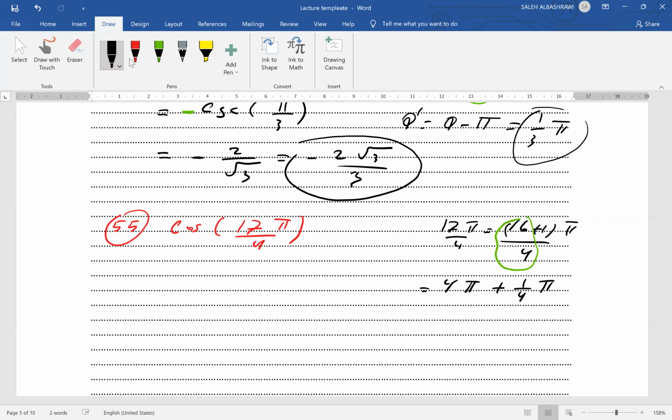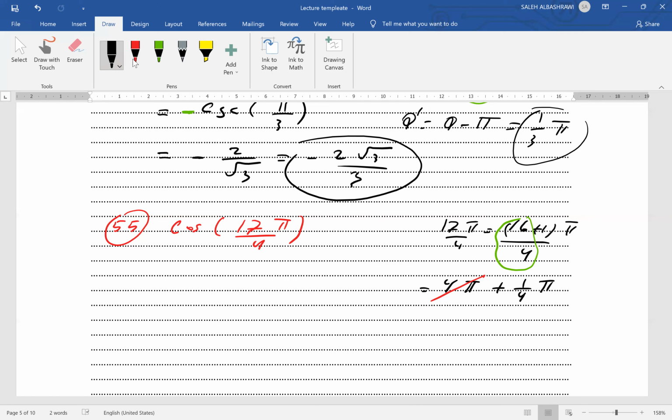Now 4 pi is 2 pi plus 2 pi. It is just a complete circle, 2 times. So if we take this out, the remaining is 1/4 pi. This is the coterminal angle.